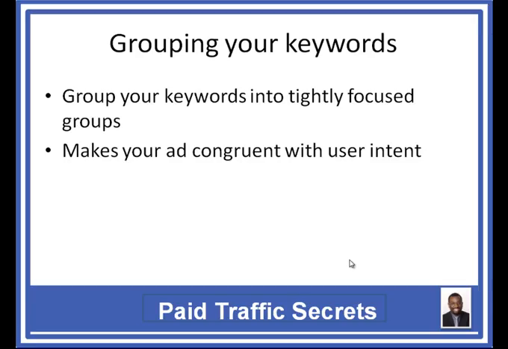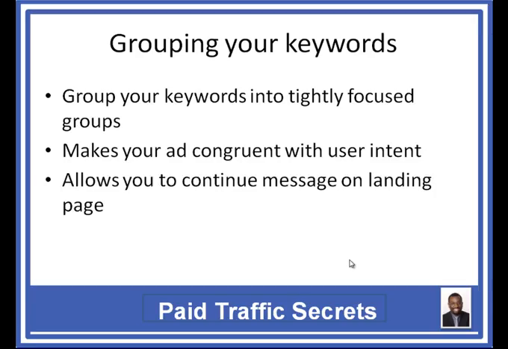When you group them, basically you're able to make your ads congruent with the user intent. So we can target the ad based on what they're searching. And it also allows me to continue the message on the landing page. If they've typed in ways to learn digital photography, on the landing page I can talk about ways to learn digital photography. I don't want to talk about how to learn digital photography because they typed in ways to learn.